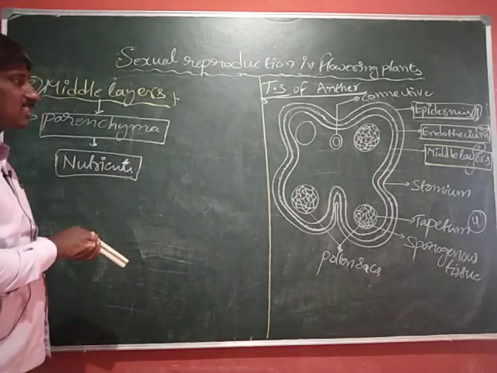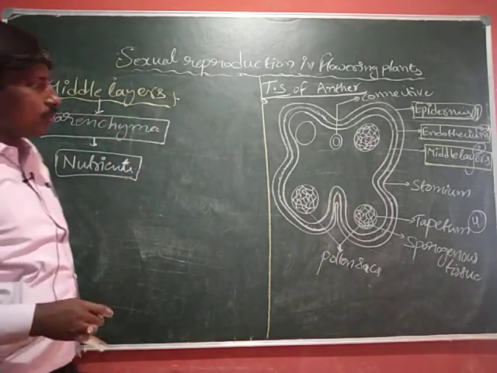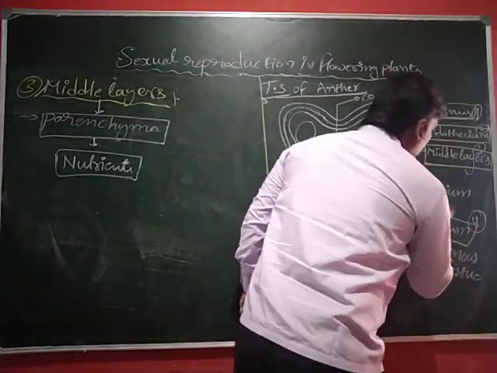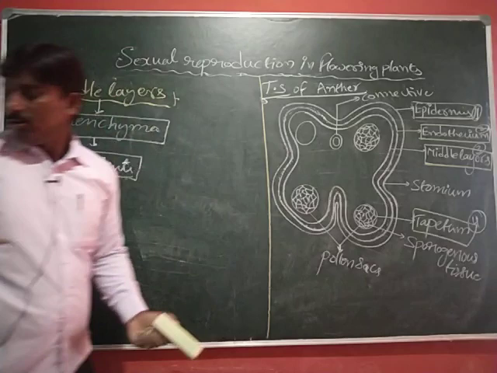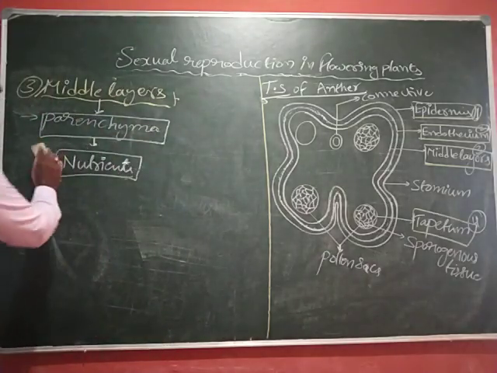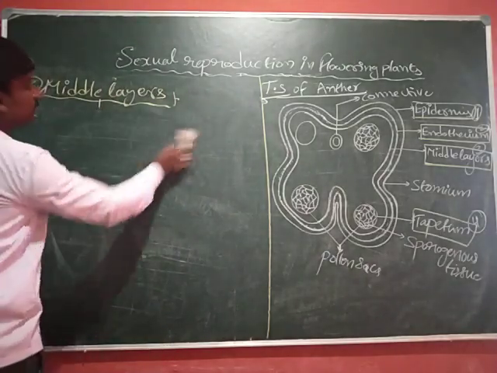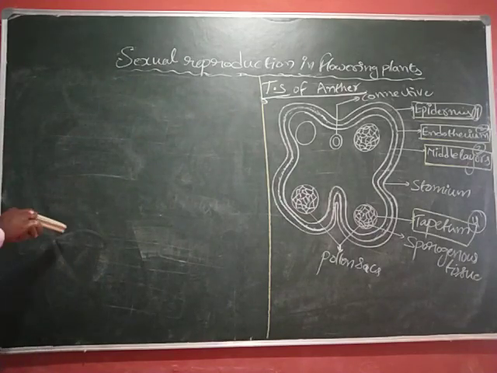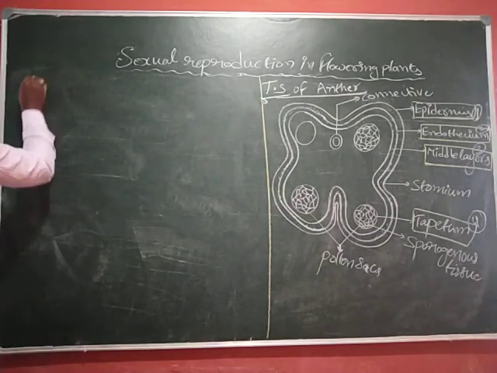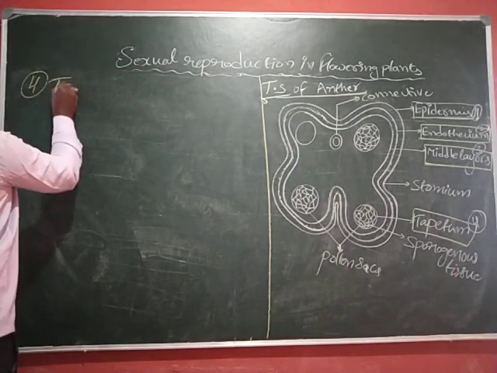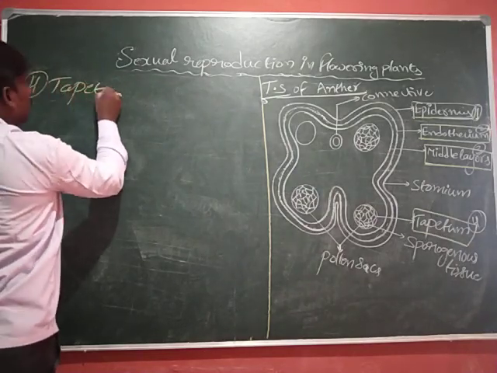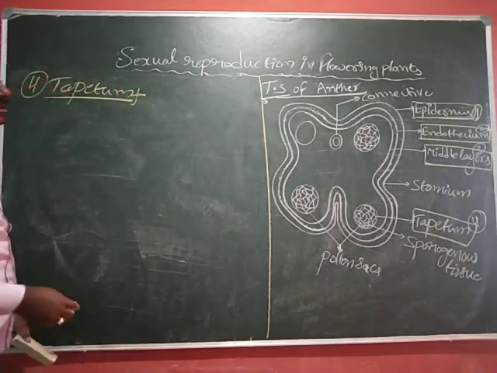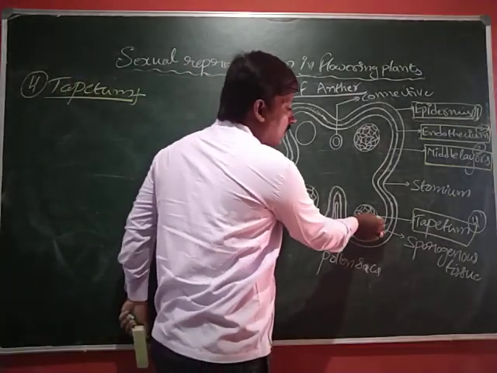Now let us see the next one. The fourth layer is tapetum. Tapetum is the innermost anther wall layer.